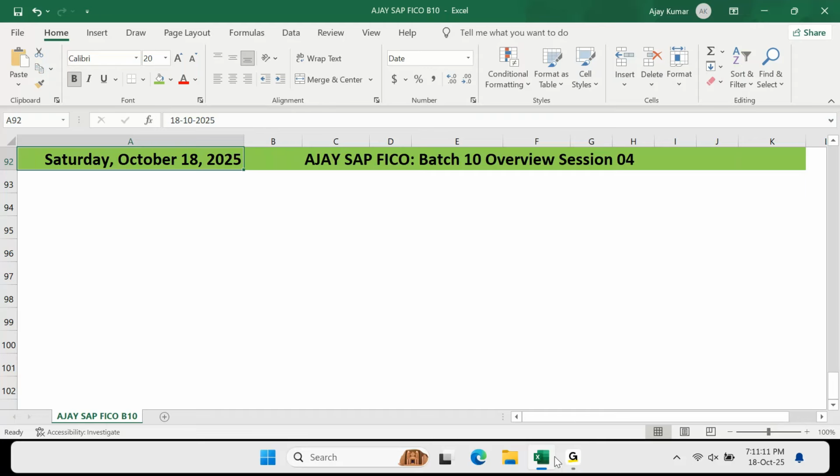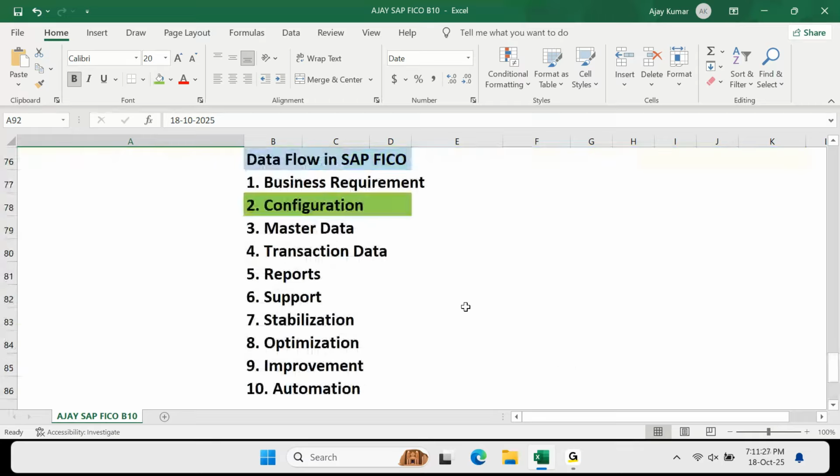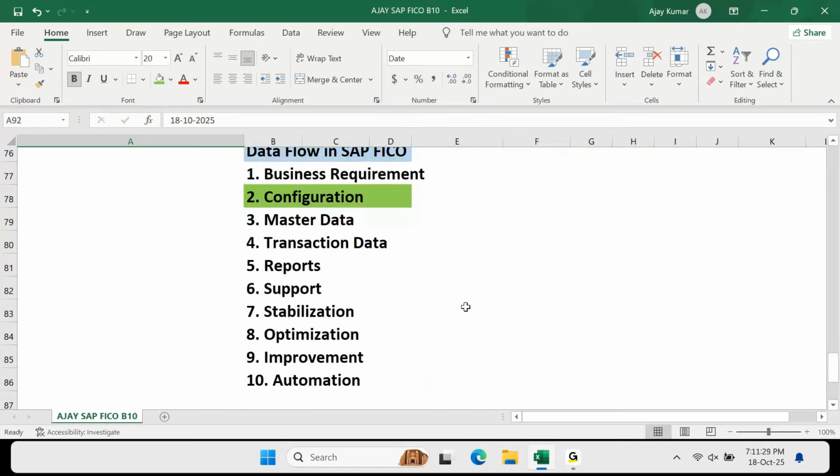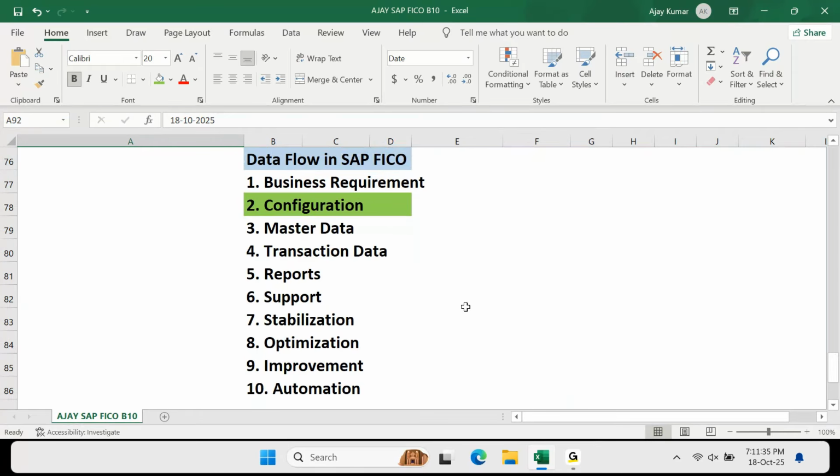In the last session, we were talking about the different activities we will be performing in a project, or data flow in SAP FICO. When we referred to data flow in SAP FICO, we started writing different points, right from business requirement, and then we understood that based on the business requirement, you will maintain the config.